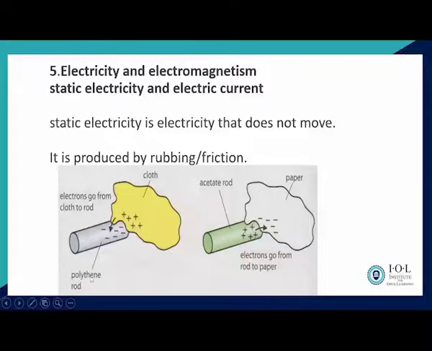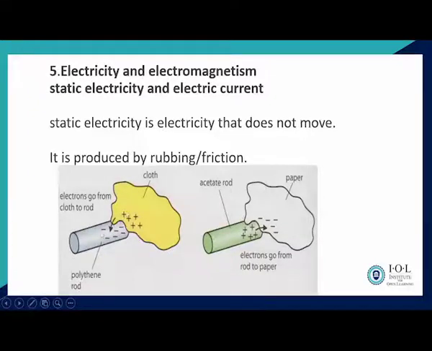We have a polyethylene rod. It's being rubbed by a cloth. These two materials are different, and remember they are made up of charges. When the number of positive and negative charges are equal on a material, we say that material is neutral. So before rubbing, the cloth is neutral and the polyethylene rod is also neutral.